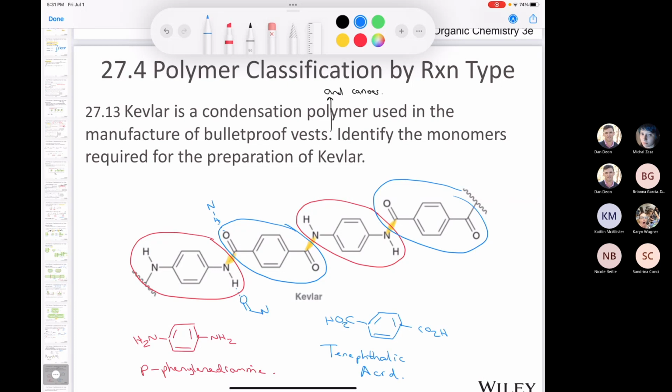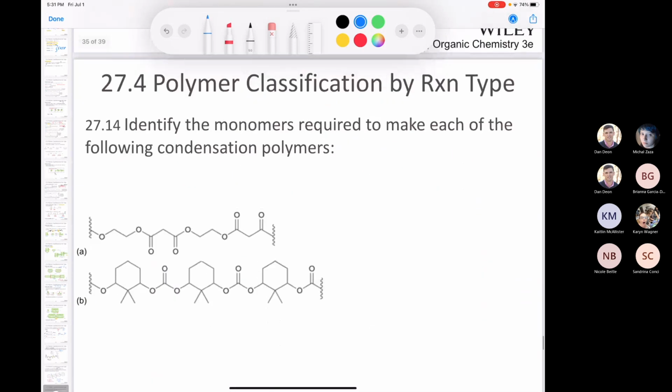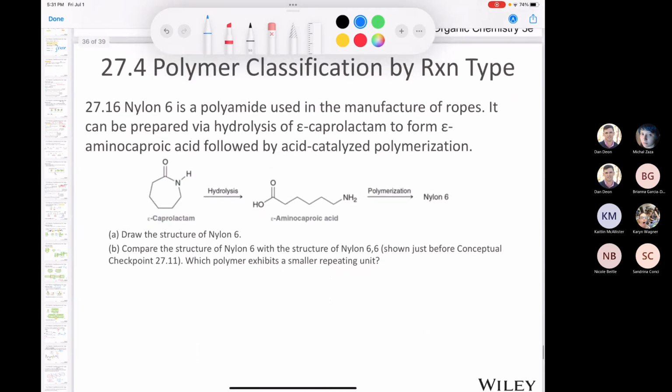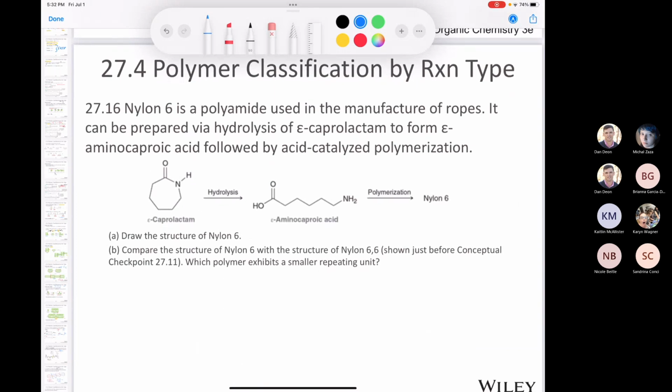Let's try another one. This question says, identify the monomers that you'd need to make each of the following condensation polymers. And the next question, the very last one, is about nylon 6. Let's check this out before we go back to this one. It says, nylon 6 is a polyamide used in the manufacture of ropes.